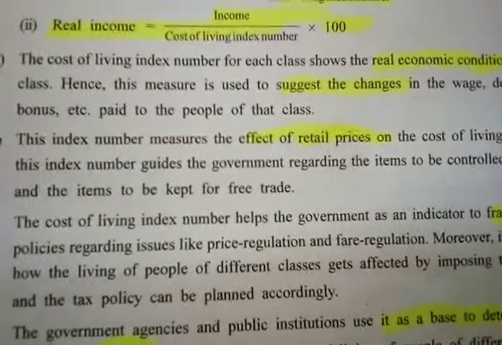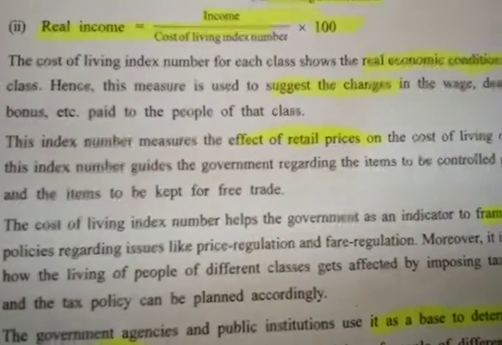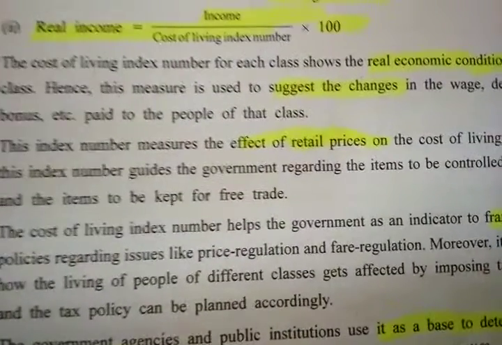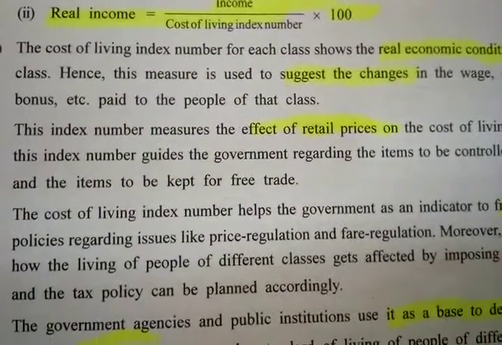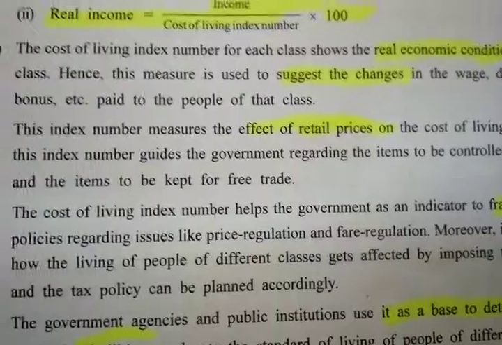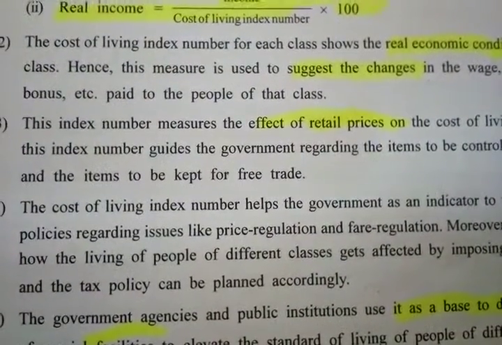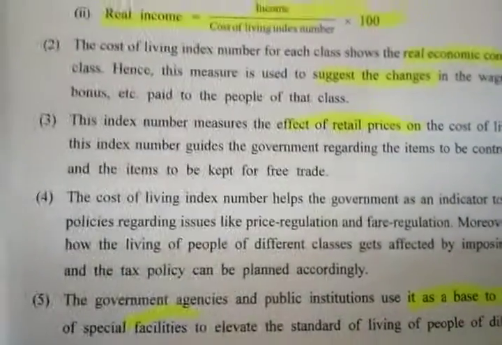Government from time to time imposes tax on various items of daily use according to certain calculations and certain estimates, and cost of living index number helps the government to do that.